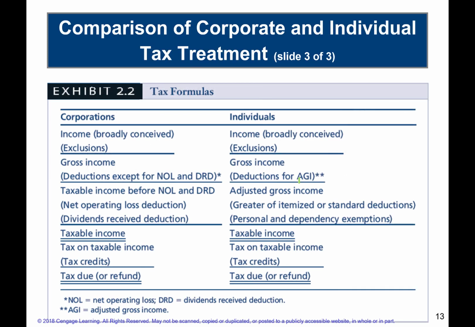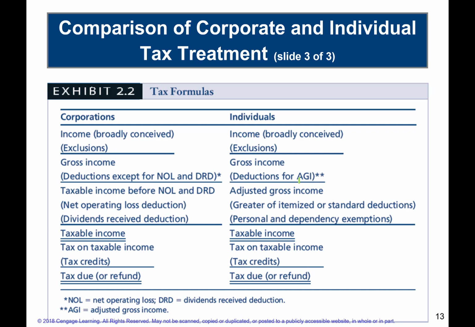So let's just go ahead and take a look at what we'll be doing here with our corporate versus individual, and some of these things are similar. Exclusions, income broadly defined, very similar. Remember, everything is included in income unless excluded. Okay, so it works very much the same there.